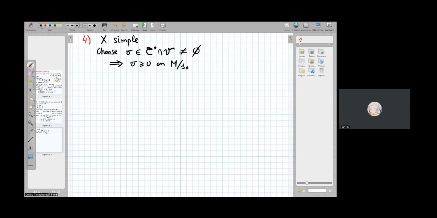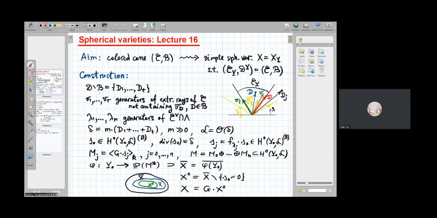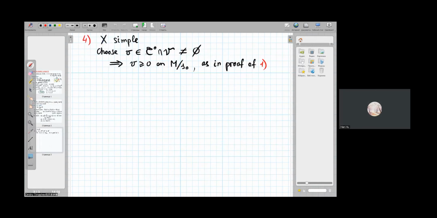In step 1, we proved the same inequality for the vectors Vj, for the valuations Vj corresponding to these generators. And I guess that you asked me a question, why not to prove the same inequality for any V in the valuation cone intersected with C. Now we do it. Now we finally do it.